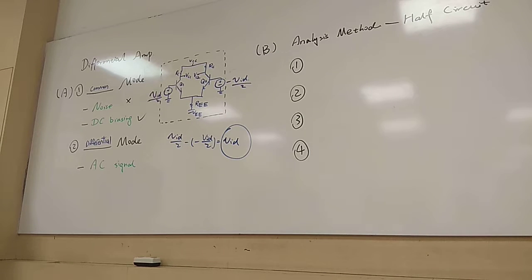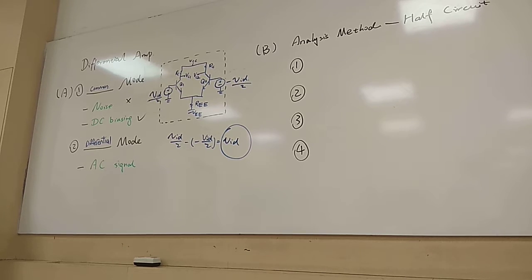So what are all those rules? So that means for half circuit, there's no AC or DC. For half circuit you can do AC, you can do DC. Half circuit is just a method you can apply when you are trying to analyze your differential amplifier.